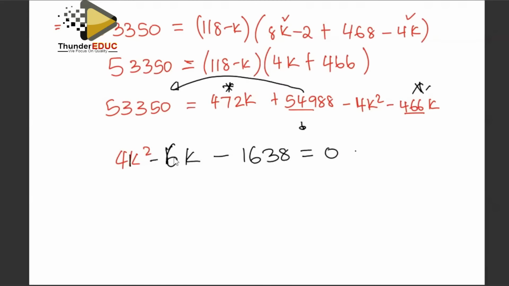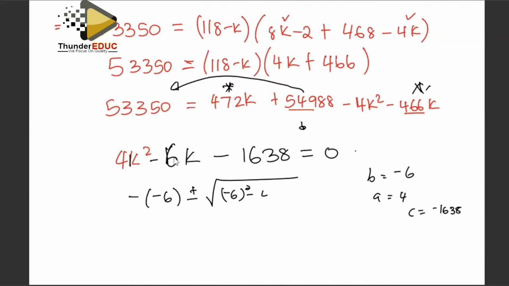All right, so we have this. Feel free to use your quadratic formula. So your B is a negative 6, your A is a 4, then your C is a negative 1638. You can even divide through by 2. There is no problem with that. Okay, so if I punch this into my quadratic formula, plus minus square root of negative 6 squared minus 4, the A is a 4, the C is a negative 1638. Everything is divided by twice 4.